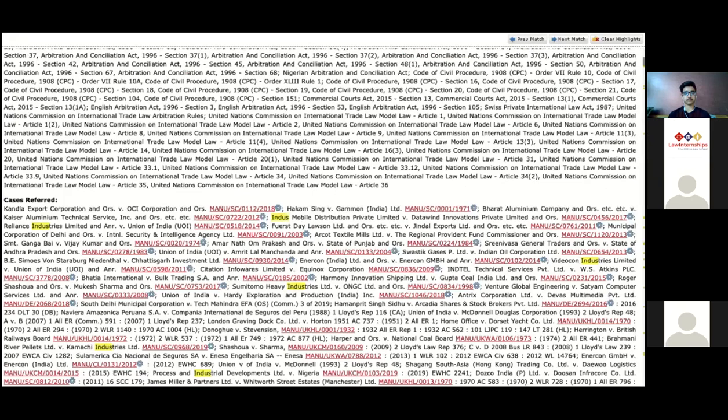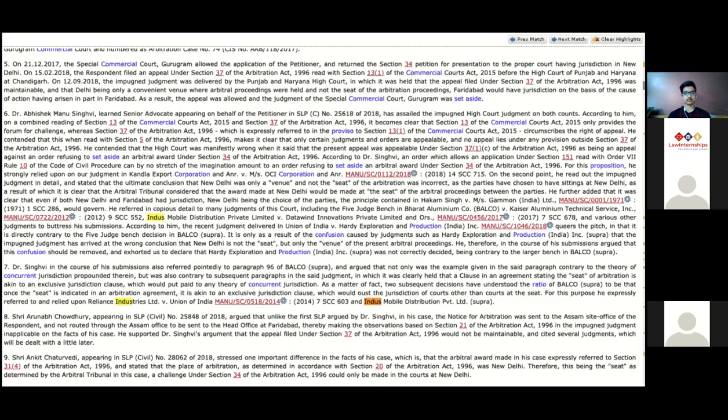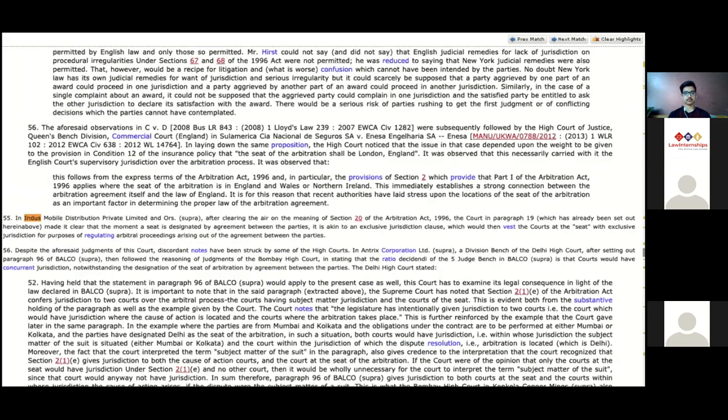So what happened was, in Indus, the court held that the seat of the arbitration is conclusive. For example, if a Mumbai party and a Punjab party are entering into a trade agreement, Mumbai is the supplier and a company in Punjab is the consumer. But the arbitration agreement says that all the disputes will be settled by an arbitral tribunal seated in Delhi.